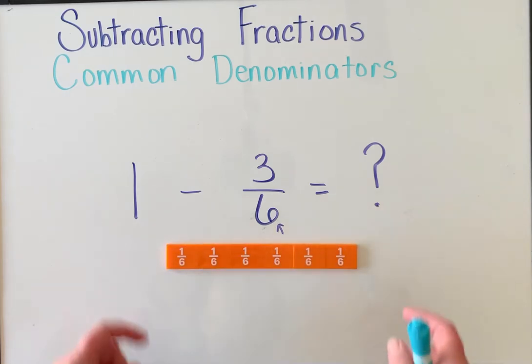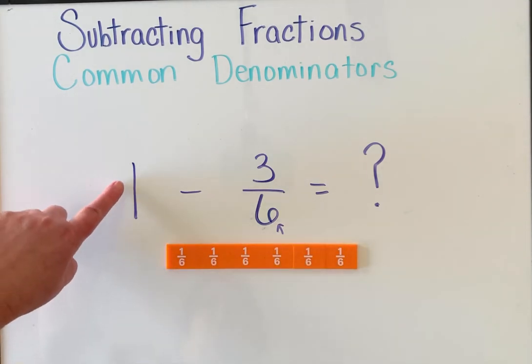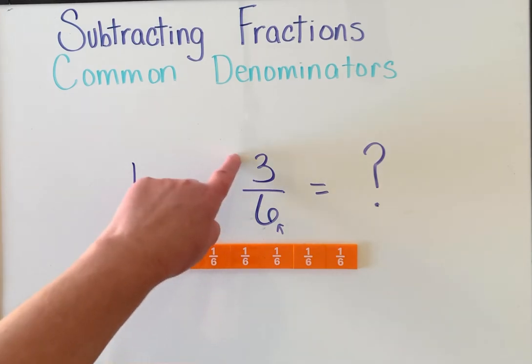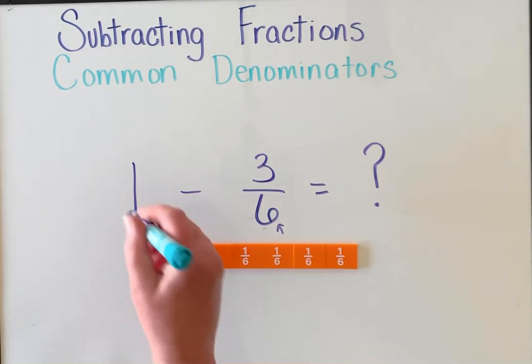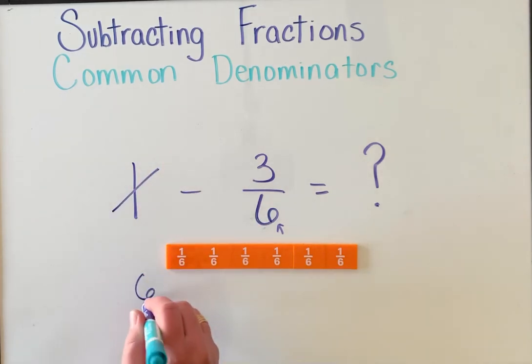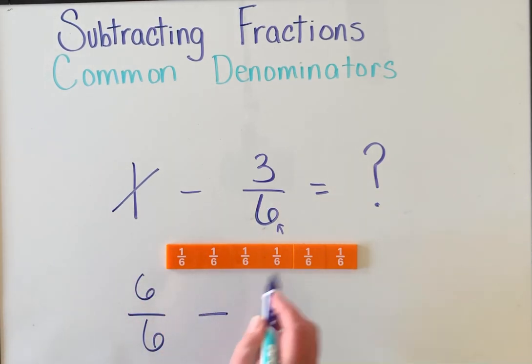So let's write down what we just did. We started with a whole. Knowing that I had to take out 3/6, I couldn't do that. So we have to take that whole and turn it into a fraction. It is still 1 whole, but now I'm able to take pieces out of it. So we were subtracting 3/6.